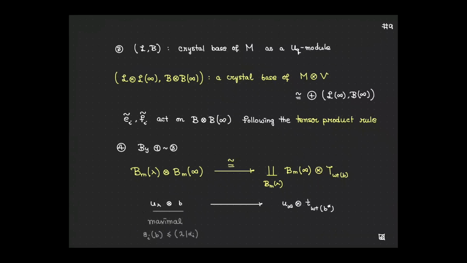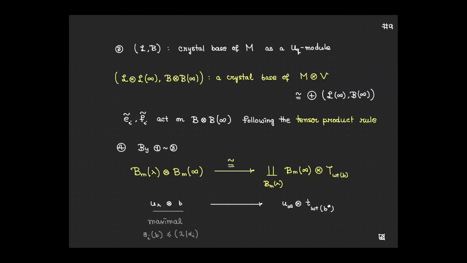One more thing. Finally, there is also a tensor product theorem. If L, B is a crystal base of our finite dimensional representation, and V infinity already has crystal base L infinity, B infinity, then if we take the tensor product, as a module of Bq it also has a crystal base. It is a crystal base of M tensor V, so that it is isomorphic to the direct sum of the crystal base of the V infinity.